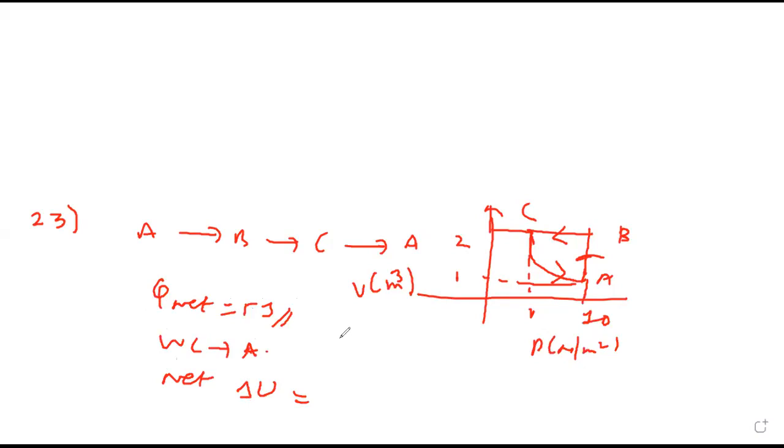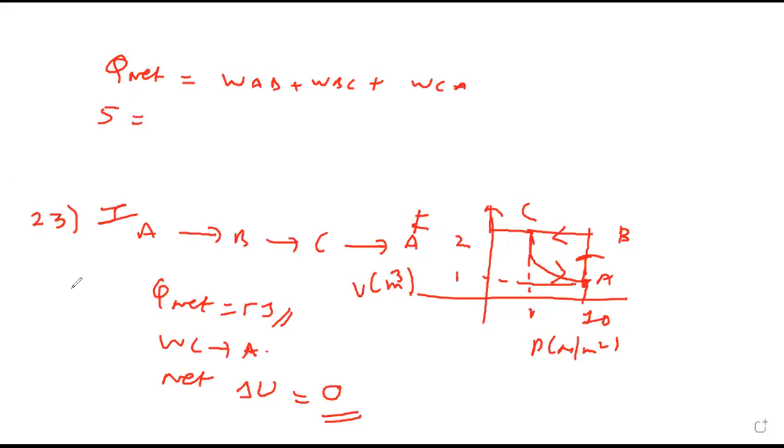It is 0, no? Because you are starting from A and coming back to A. This is initial, this is final. Yes, sir. So my Q net will be work done in AB plus work done in BC plus work done in CA. Okay?